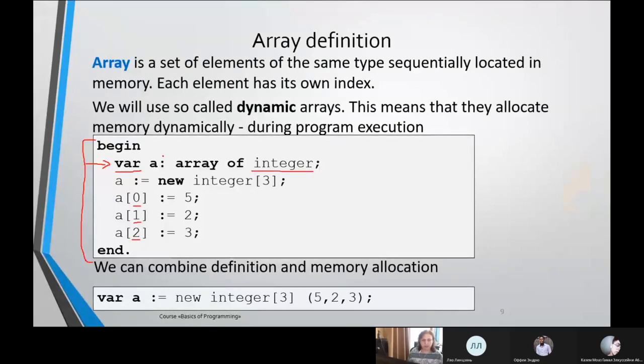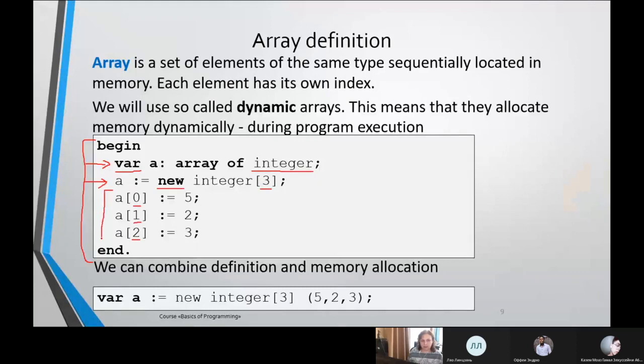It means that it will have elements of integer type, some numbers inside it. Yes. And then in the second line, we must say that it will be a new array of integer type, and it will have only 3 elements.